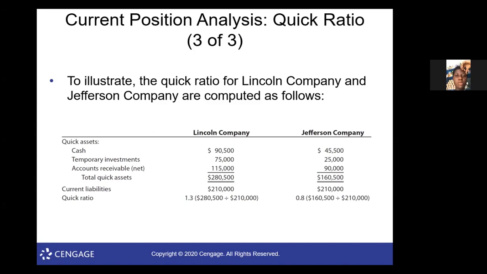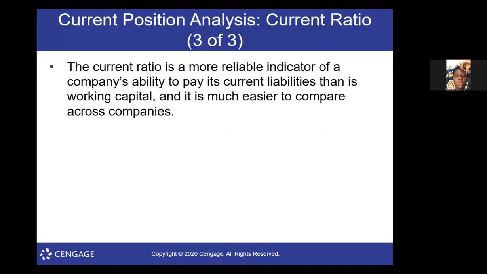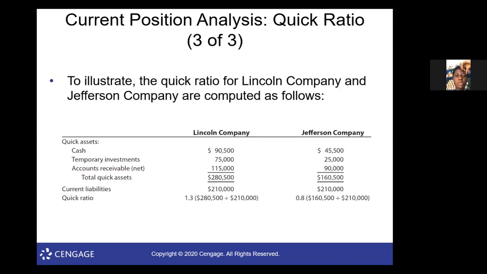Now, you may not remember, but for the same company, the current ratio was 2.6. So 2.6 is much higher than 1.3, but the 1.3, sometimes investors want to take a look at that to see, okay, if we're only looking at those most liquid assets, how much cash does this company really have? So you could always expect the quick ratio to be lower than the current ratio.